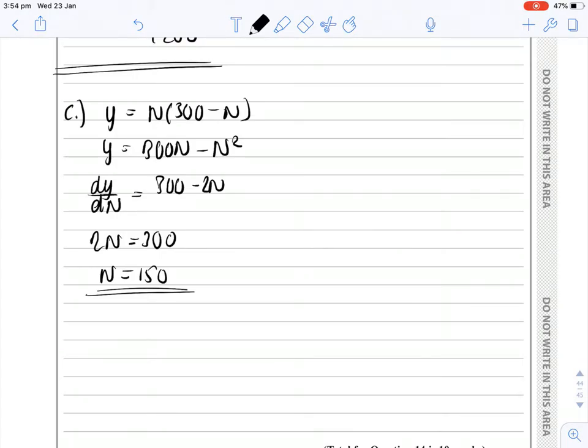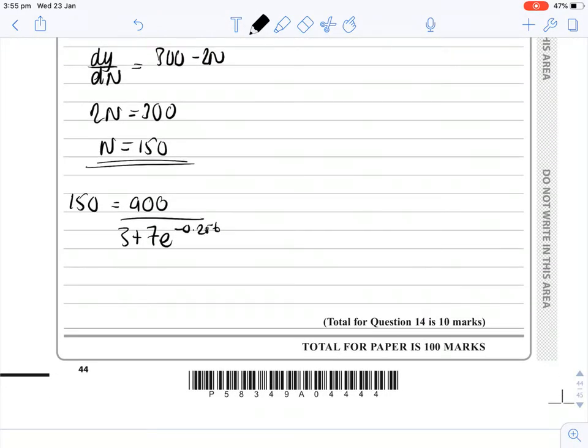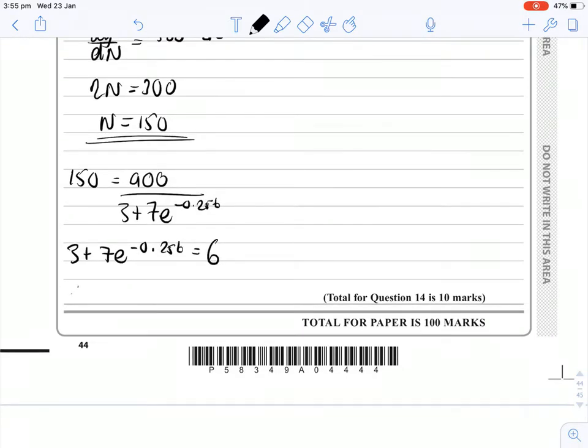So if n is 150, we can say that 150 = 900 / (3 + 7e^(-0.25t)). Rearranging that, we're going to get 3 + 7e^(-0.25t) = 6, and then e^(-0.25t) = 3/7.